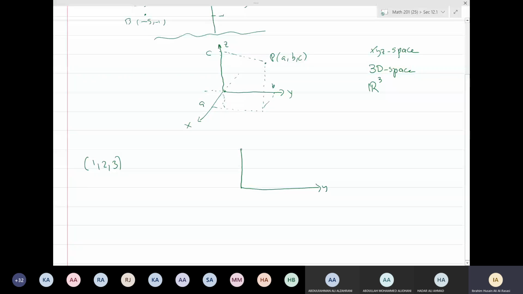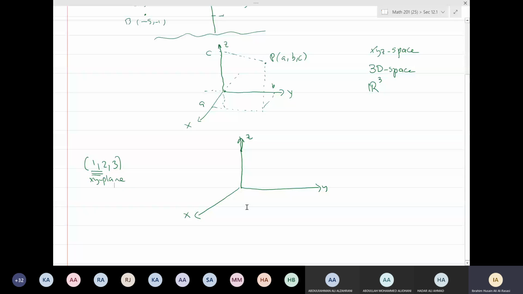This is Y, and this is Z, and this is X. How to locate a point in a 3D space? Always start with the first two numbers. One is the x-coordinate, 2 is the y-coordinate. These 2 numbers lie in the xy plane.